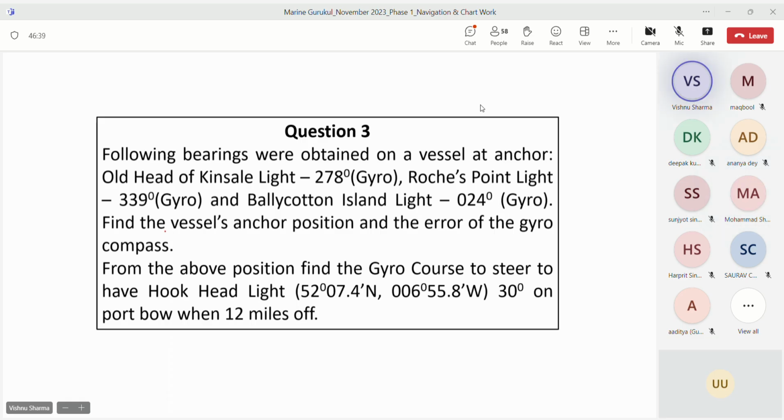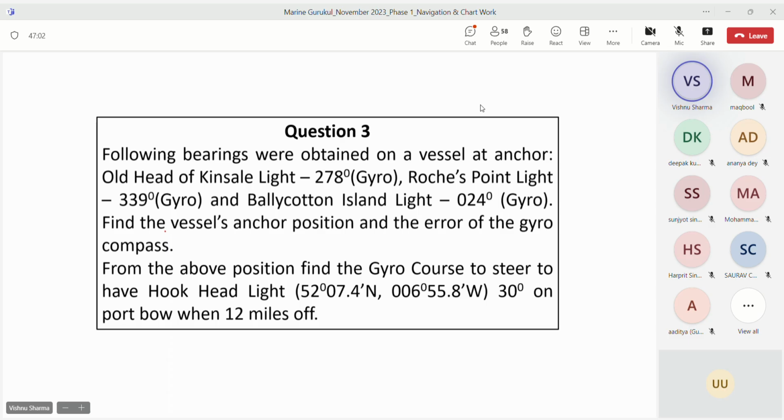No, if gyro error is given, then why you need heading? You can convert them into true, na? Yeah, so that in case of compass. Okay, sir. If the gyro error is given, then you can convert them into true. Yes or no, beta? Yes, sir. Okay, so therefore, this cannot be done by cross bearing for want of error, right, beta? Okay.